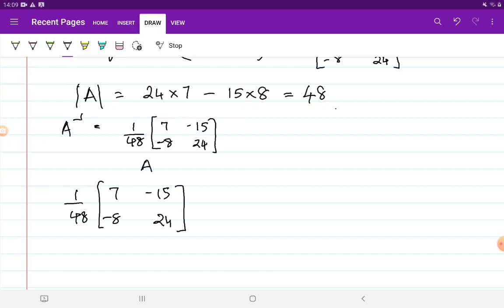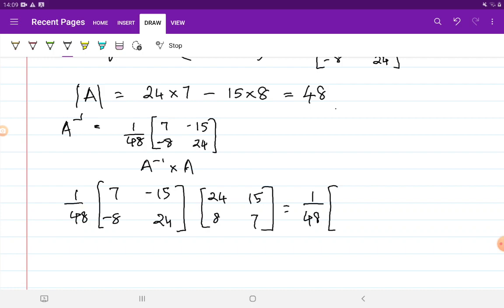And the matrix A is 24, 15, 8 and 7. So the scalar 1 by 48, I'm keeping it as it is.